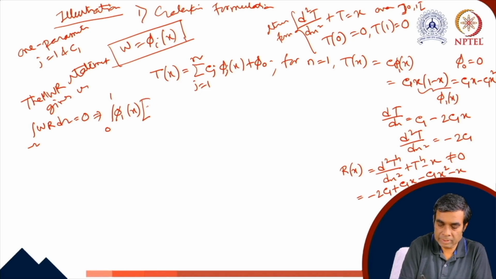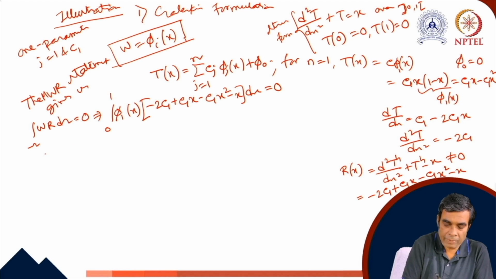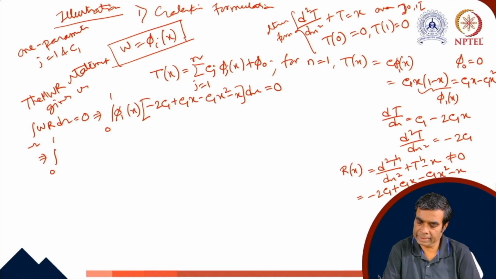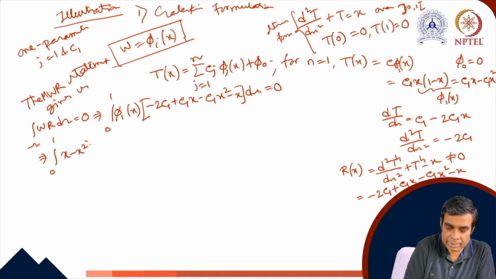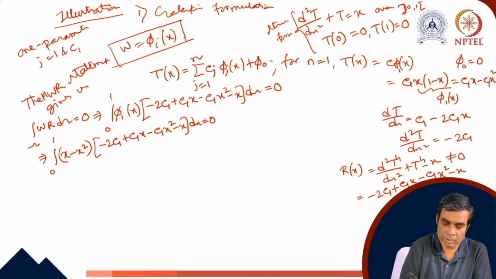So integration 0 to 1 of φ1(x), which is x minus x square, into (minus 2C1 plus C1x minus C1x square minus x) dx equals 0.